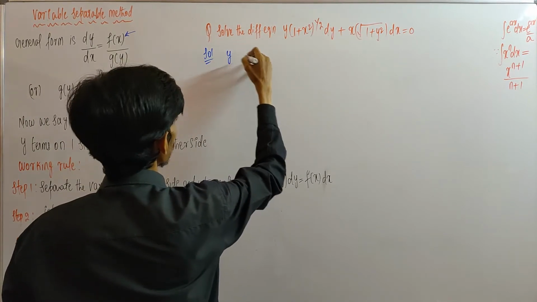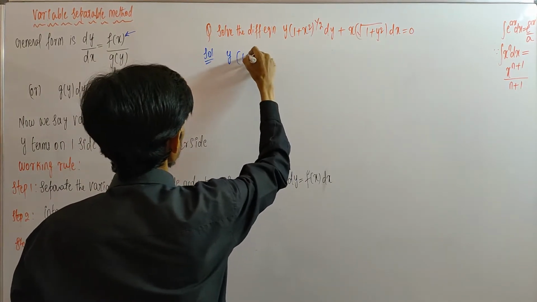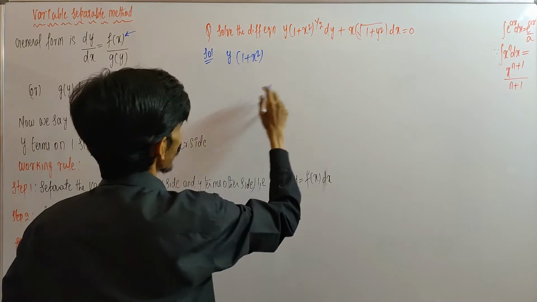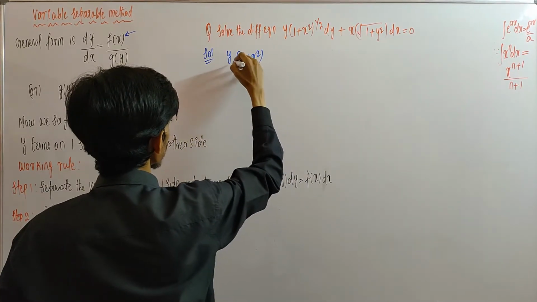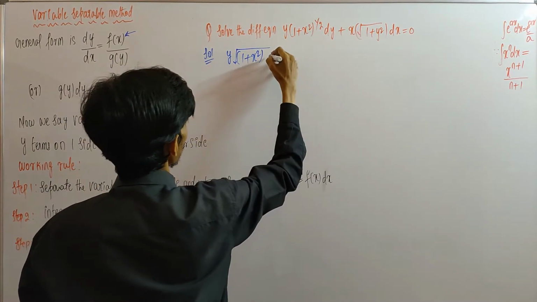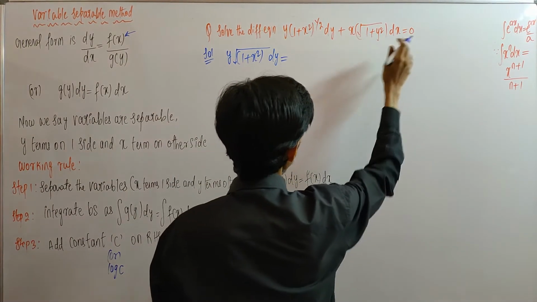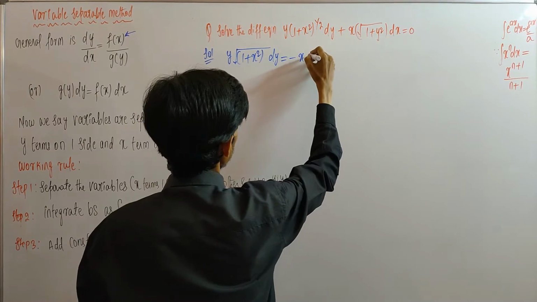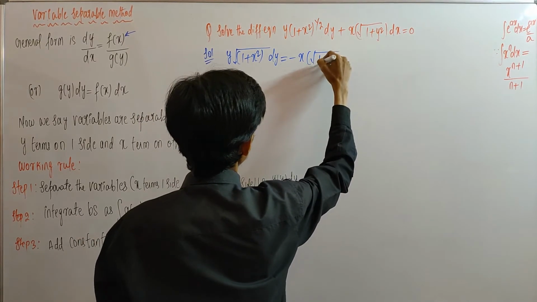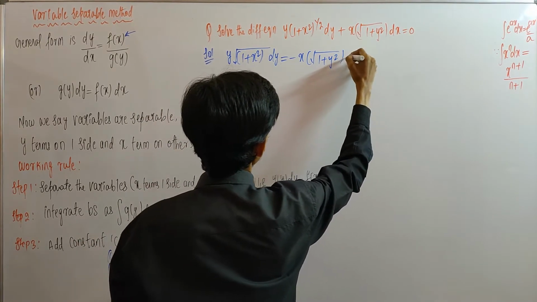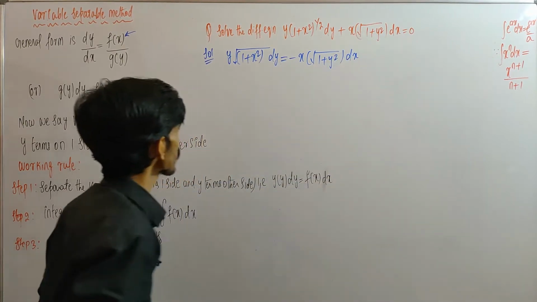Write down y into 1 plus x square whole power 1 by 2, which can be written as under root, dy is equal to, send this term to that side, it will become minus x into root over 1 plus y square dx.